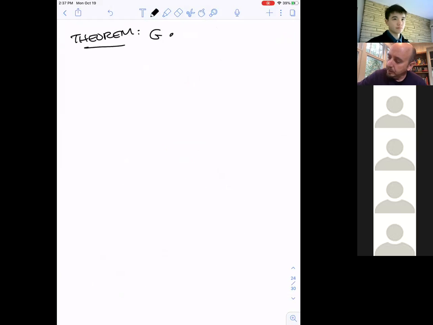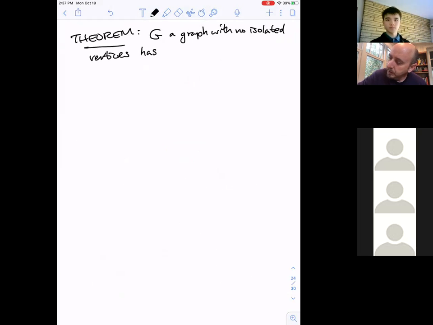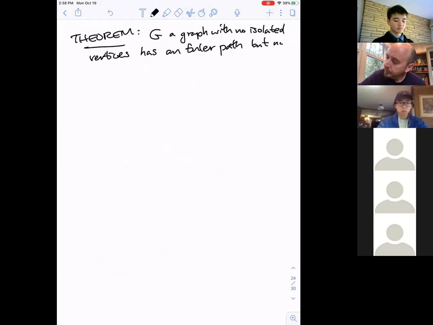G, an undirected graph, but I'll just say a graph with no isolated vertices, same as before, has an Euler path but no Euler tour if and only if there are two conditions, A and B, very similar to before.